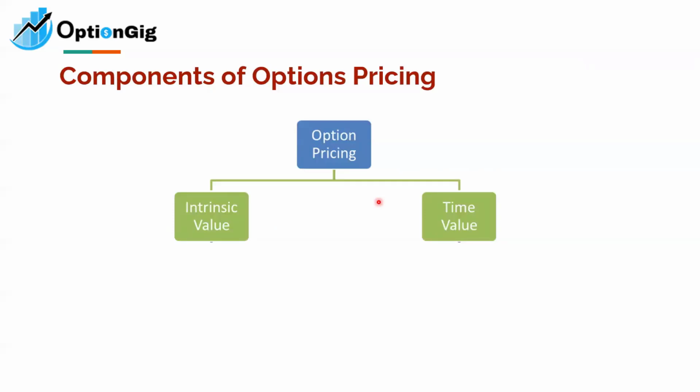So overall, till now, we have learned that option pricing has 2 major components: intrinsic value and extrinsic value, also known as time value. Because that is dependent upon what could happen between now and the date of expiration.